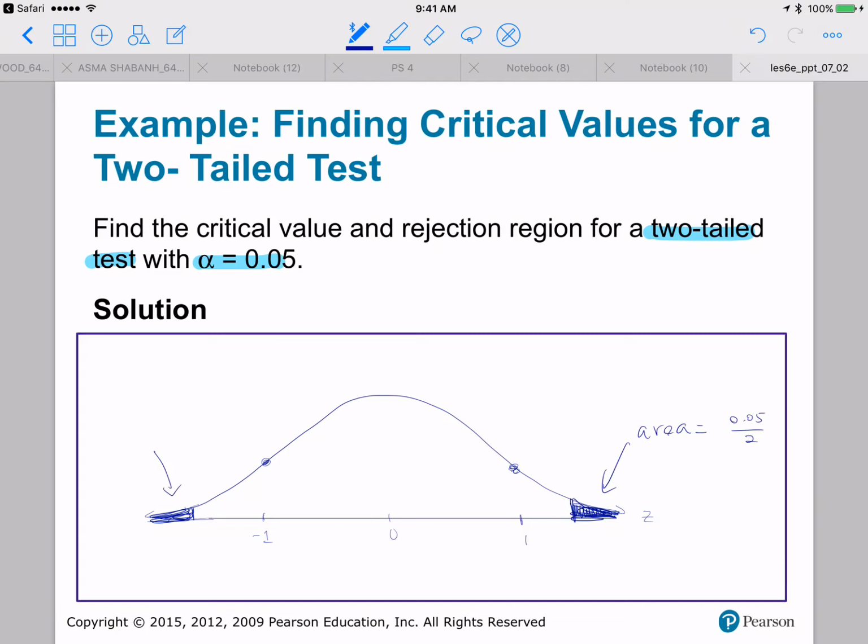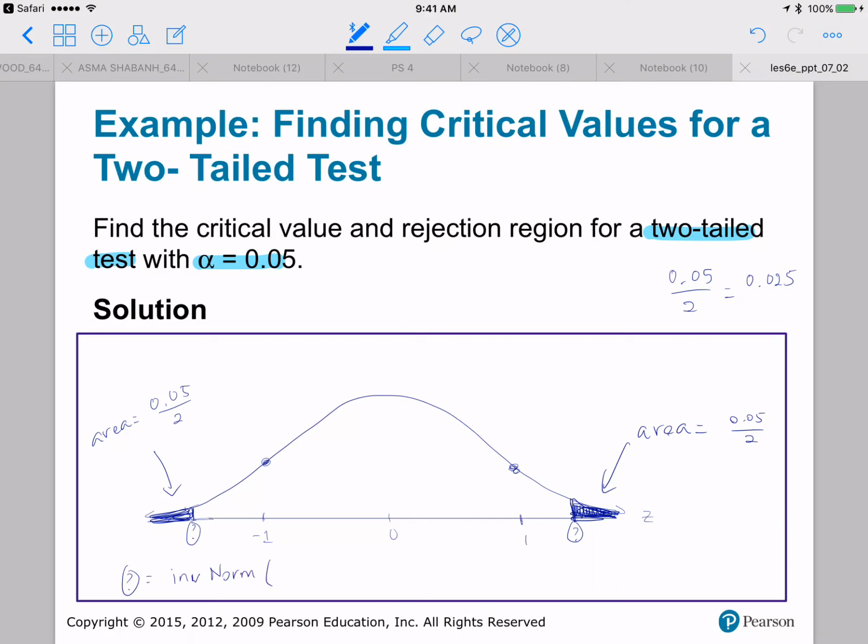This area is going to equal half of alpha, and the area in the left tail satisfies the same property. It is equal to half of 0.05, divided by 2, which is going to be 0.025. Okay, so now I need to find this critical value and this critical value.